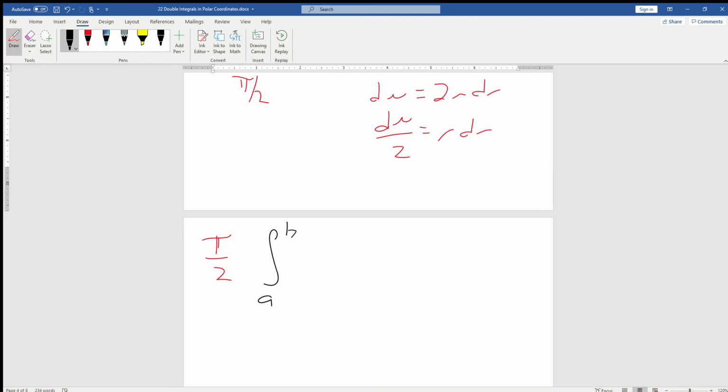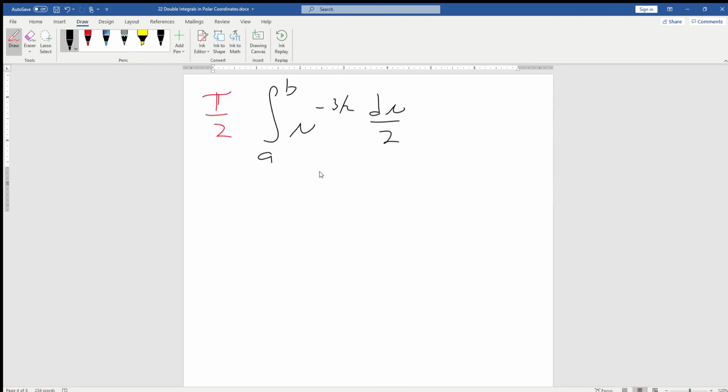We can't forget about that pi halves, so I'm going to carry down the pi halves each time. Now we're going to have the integral, where we change our limits of integration from 0 to 4 to a to b. Remember we said that u is 1 plus r squared, so now we get u to the minus 3/2, and then we also have a du over 2. Not a difficult integral to evaluate.